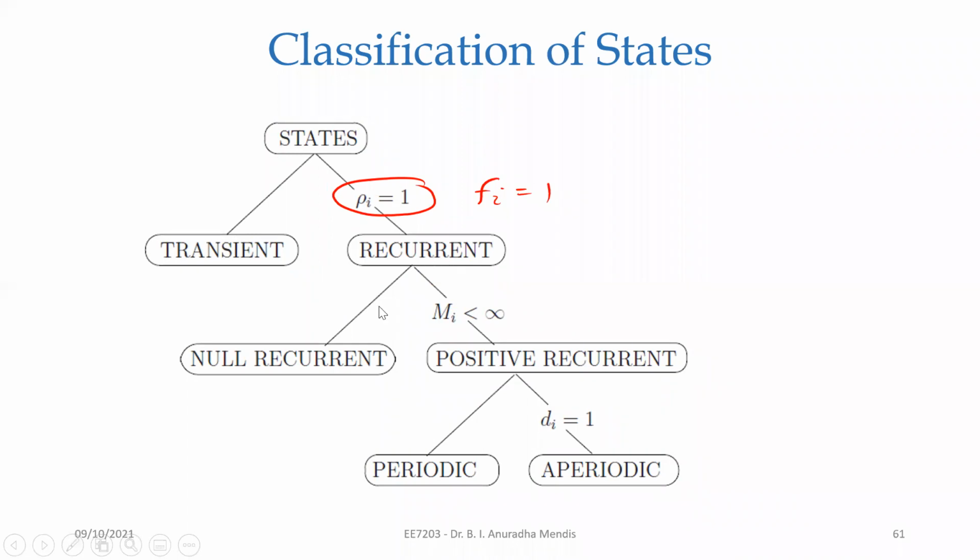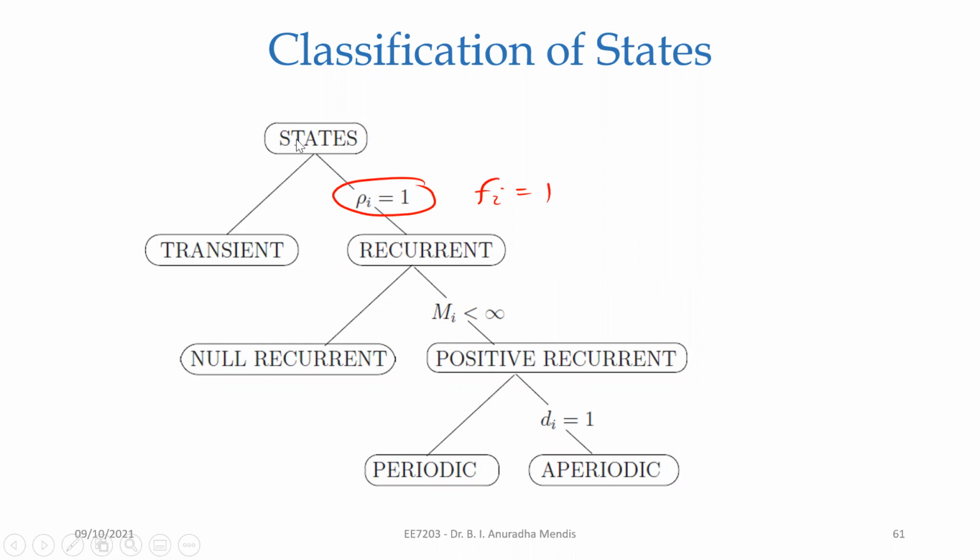But recurrent states can be either null recurrent or positive recurrent, based on the recurrence time. If it is positive recurrent, then you can have periodic or non-periodic states. When D equals 1, non-periodic, otherwise periodic. So there is a clear path here.